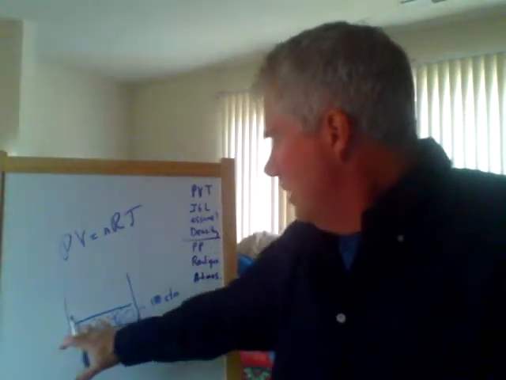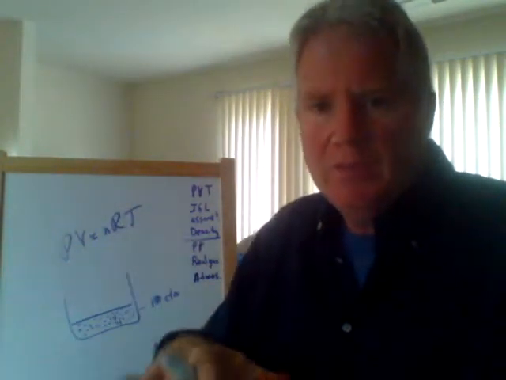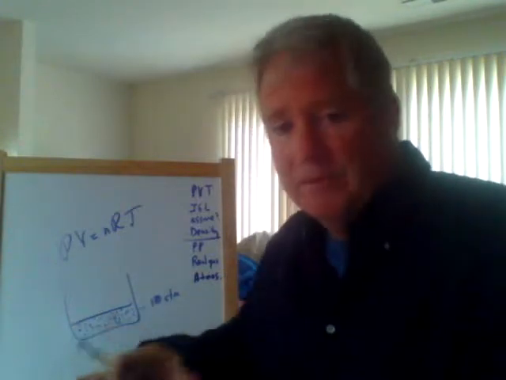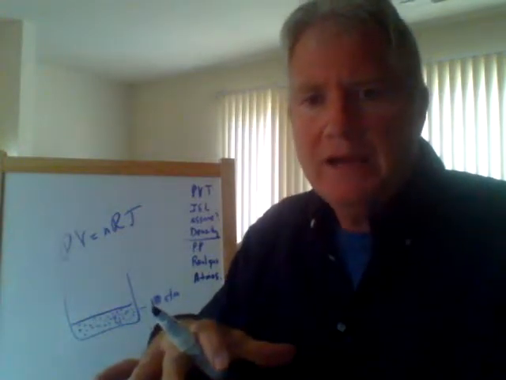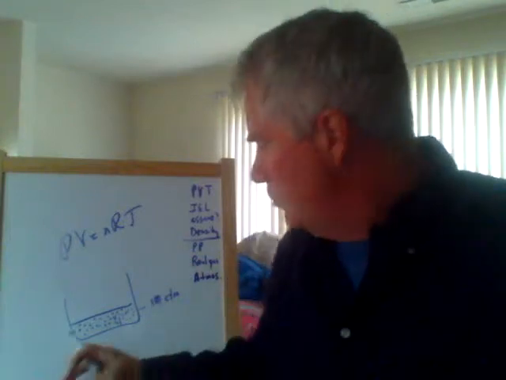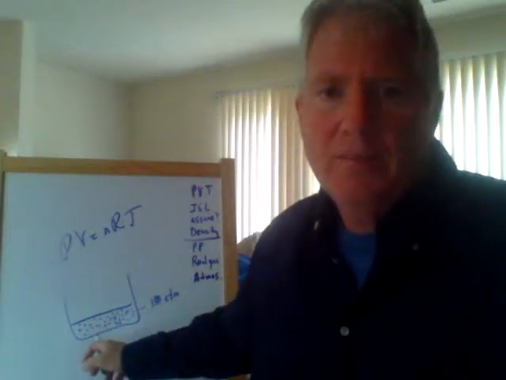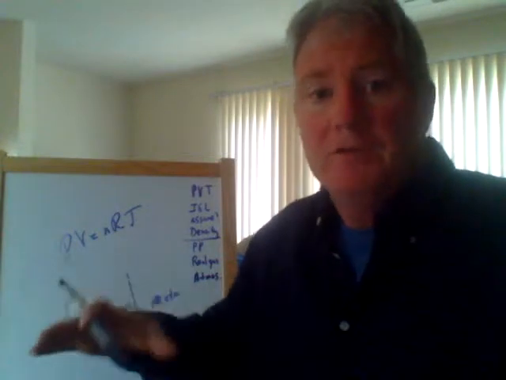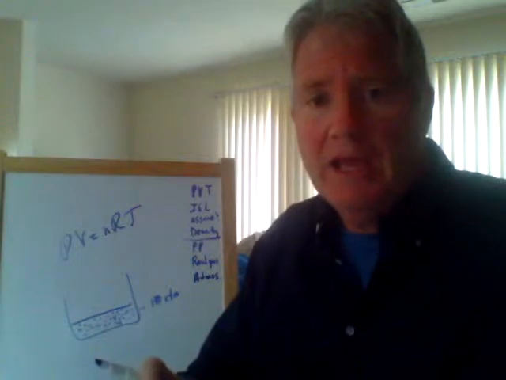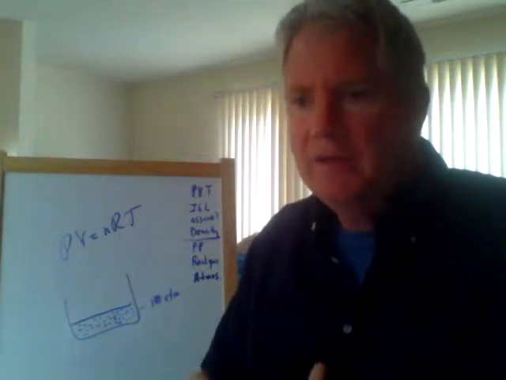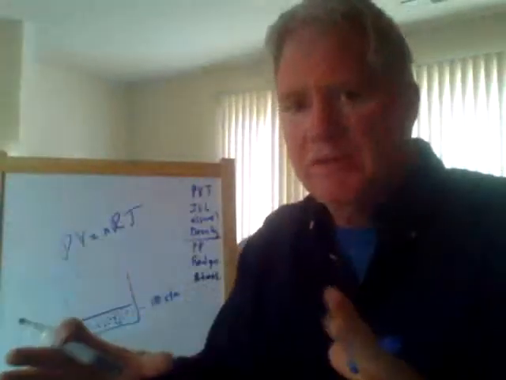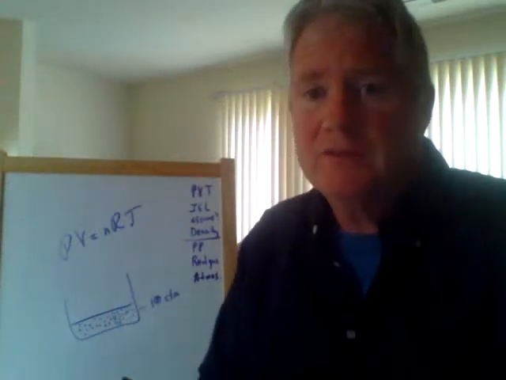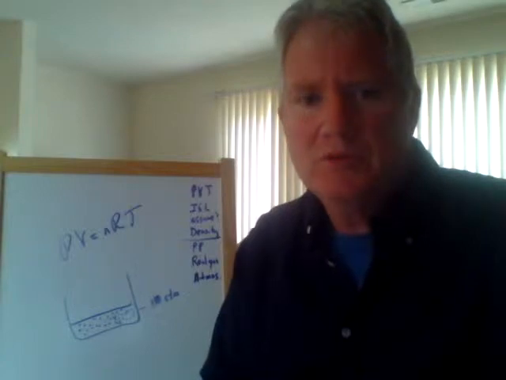First of all, under this much pressure, for the amount of gas you have, the actual empty volume of the vessel is now smaller compared to the volume that the molecules themselves comprise. So that assumption that all of the volume of the vessel is available to the sizeless gas isn't such a good assumption anymore.